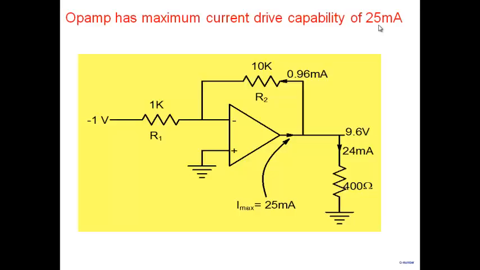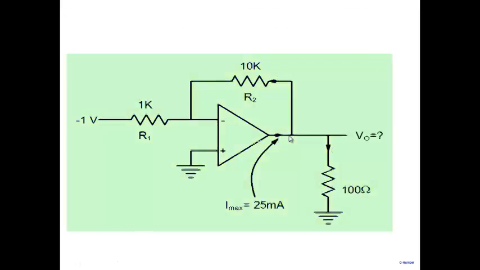So that's another thing to be clear about. I can't just connect any value of RL, thinking that RL is much larger than R0, so I should expect output to behave properly. The answer is, well, it would behave properly as long as you don't violate the current limit. Then you're fine.